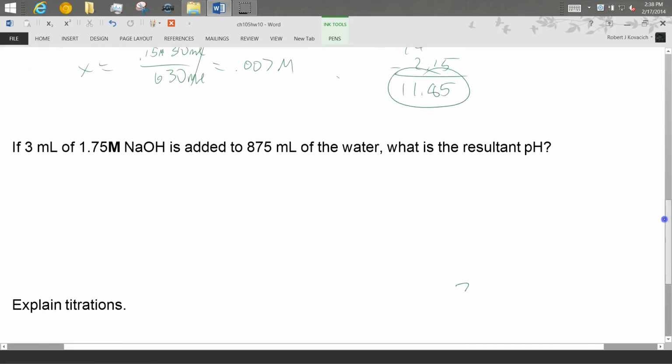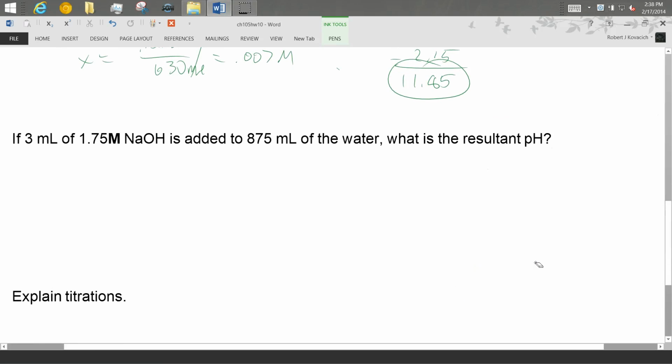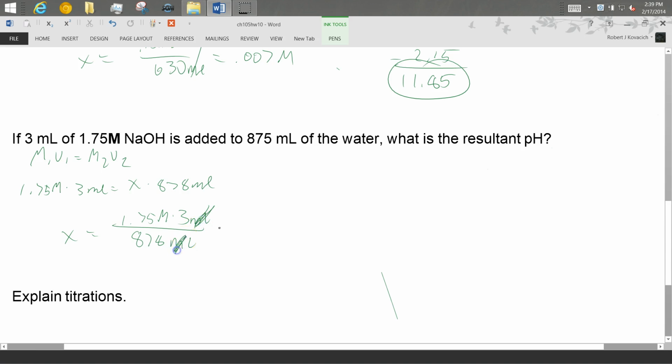The next question is the exact same thing, nothing different. So M1V1 equals M2V2, and I'll say 1.75 molar times 3 milliliters equals, I don't know, times 875 milliliters. And so I can go X is equal to 1.75 molar times 3. Oops, this is not right. That's 78, my bad, 78 milliliters. And then I've got 78 milliliters, so the milliliters will cancel with those milliliters.